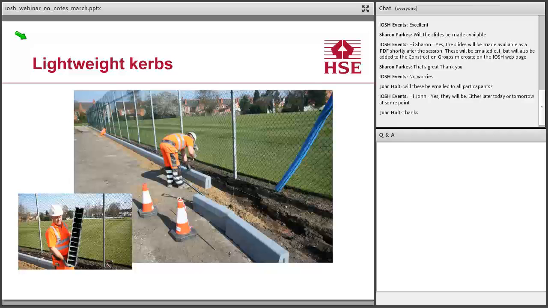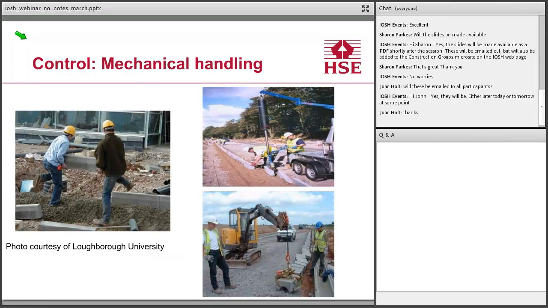And the other thing is things like lightweight curbs. They were approved by the relevant authorities, but we're still not seeing the uptake of these. But they're a great way of eliminating manual handling. If you are going to have to do normal sized curbs, curbs and paving can be laid mechanically.